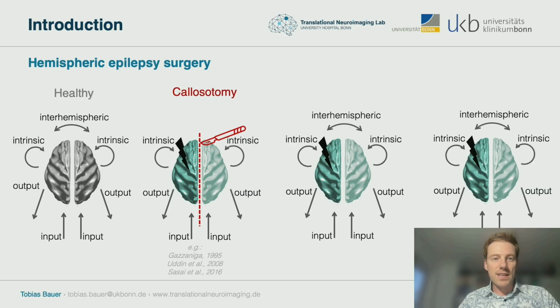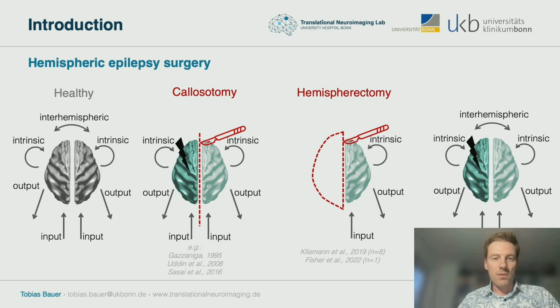But both hemispheres still retain intrinsic connectivity, receive input, and can generate output to the rest of the nervous system. Then a second type of surgery would be hemispherectomy or structural hemispherotomy.